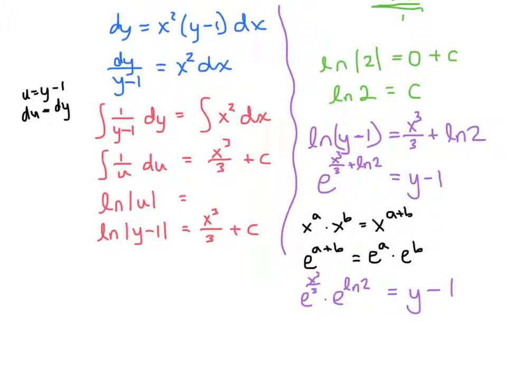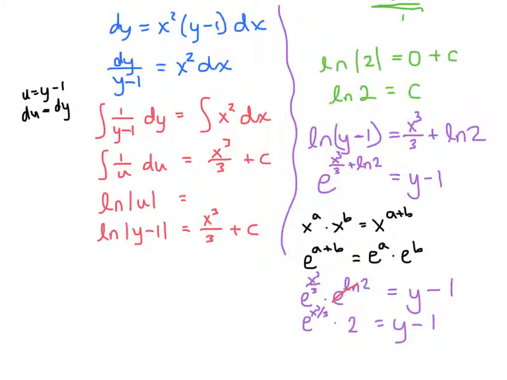How does that help me simplify anything? Well, hopefully you recognize that this second term, e to the natural log 2, I can do some canceling. e to the natural log of 2 can simply be rewritten as 2. So this is e to the x to the third over 3 times 2 equals y minus 1.